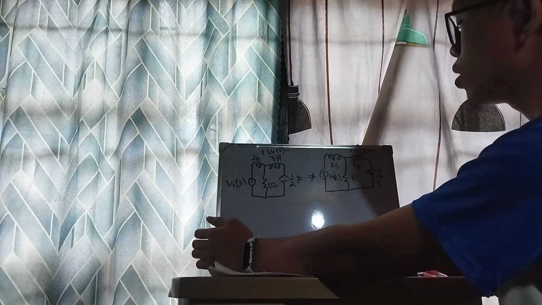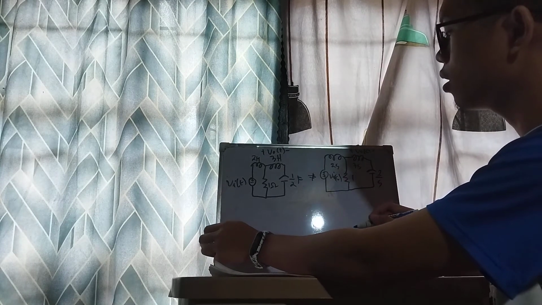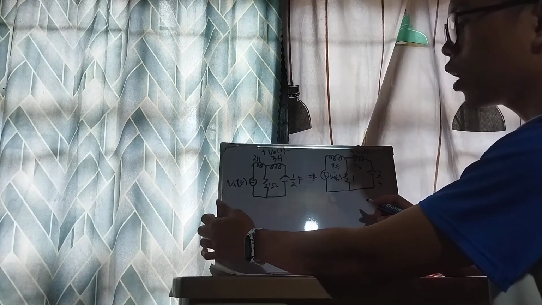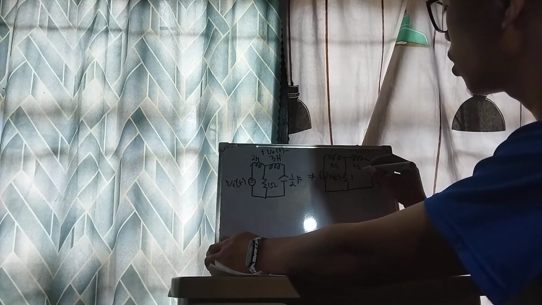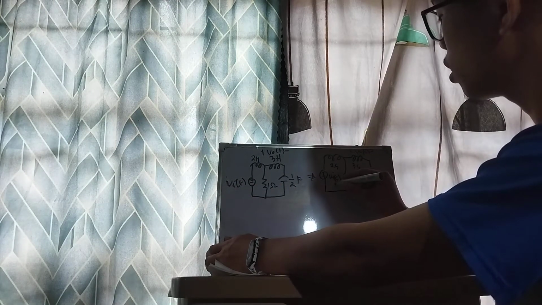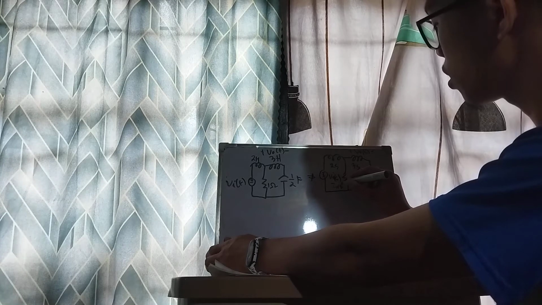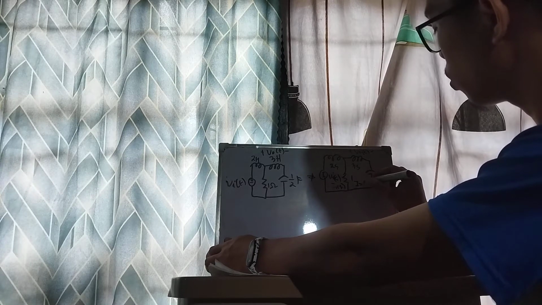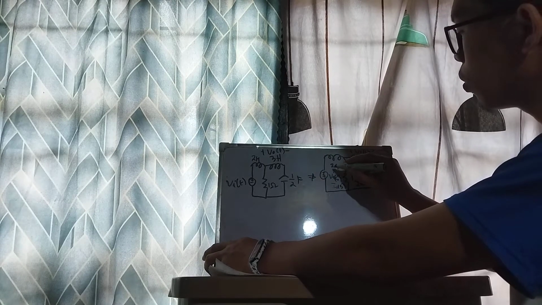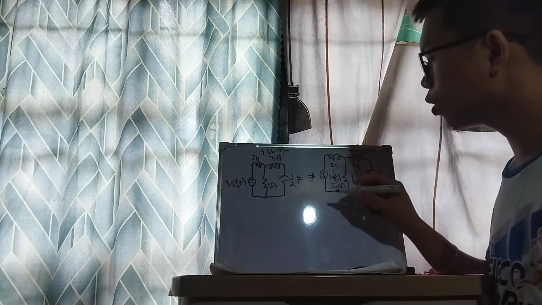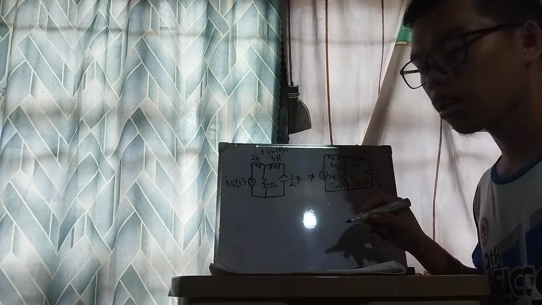First, we're gonna use the mesh analysis in order for us to solve for I2 and the rest. We assign I1 of S and I2 of S to the first mesh and second mesh, and we use the clockwise direction.